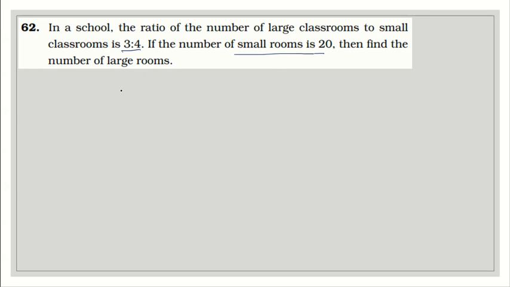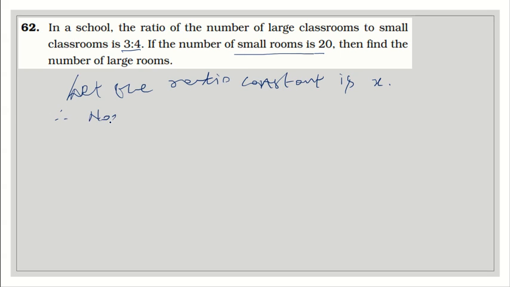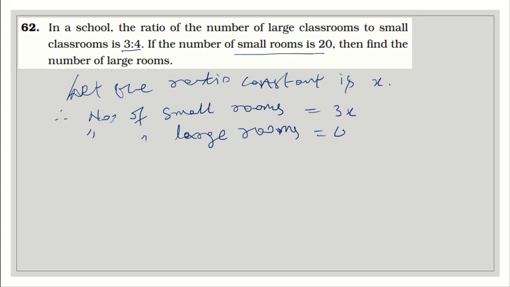See children, here if you assume, let the ratio constant is x, therefore number of small rooms becomes 3x and number of large rooms becomes 4x.